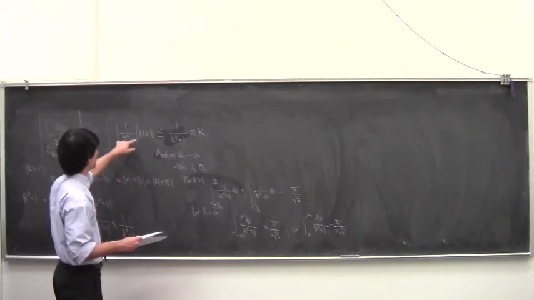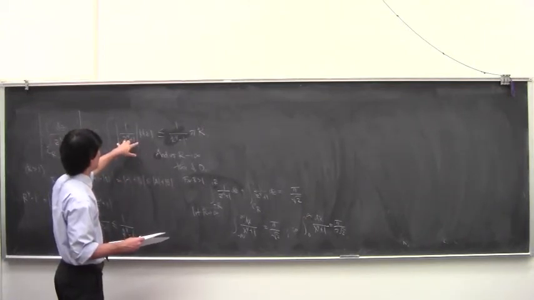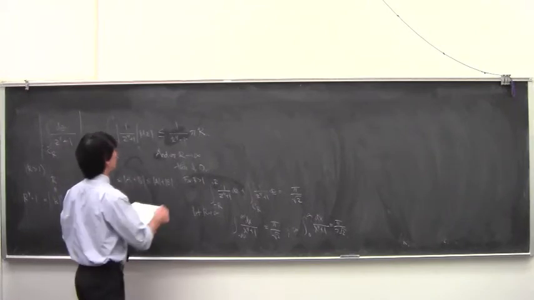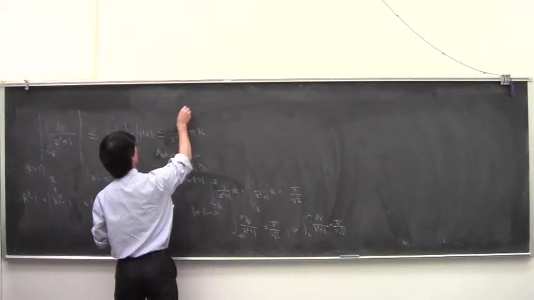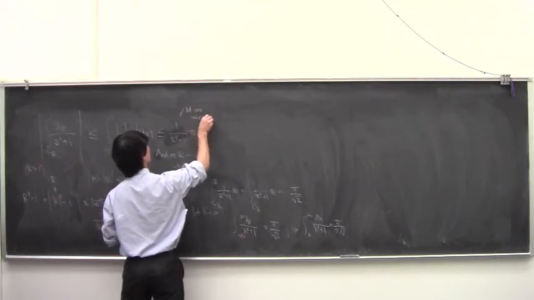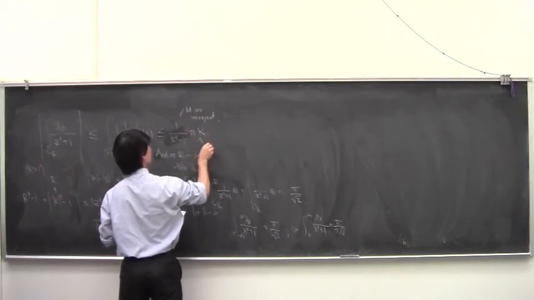So it's going to be the upper bound of the integrand times the arc length. So this is the bound on the integrand, and this is the arc length.